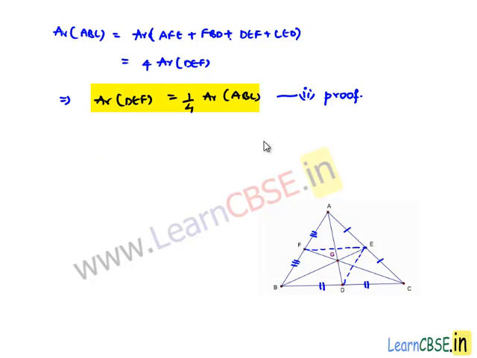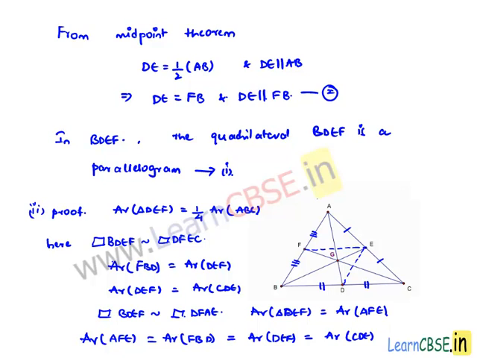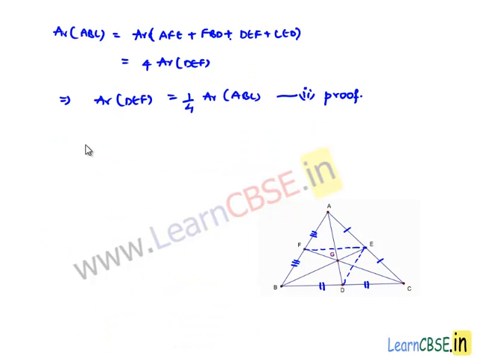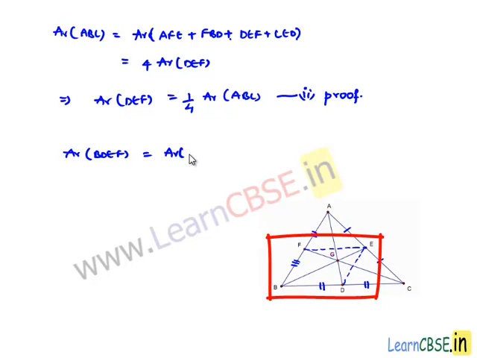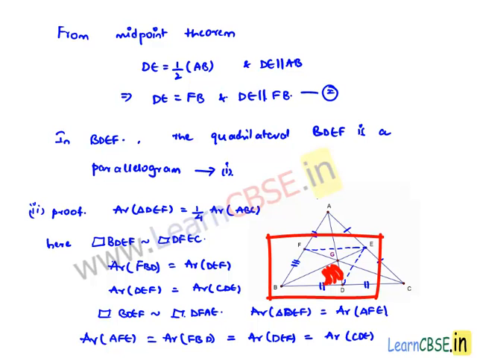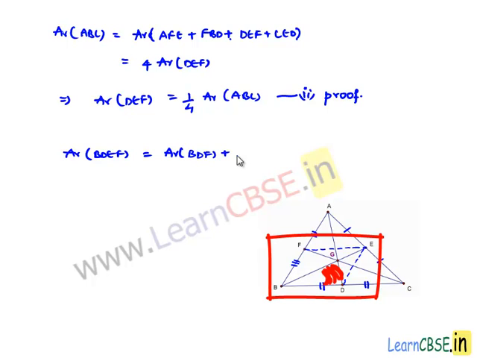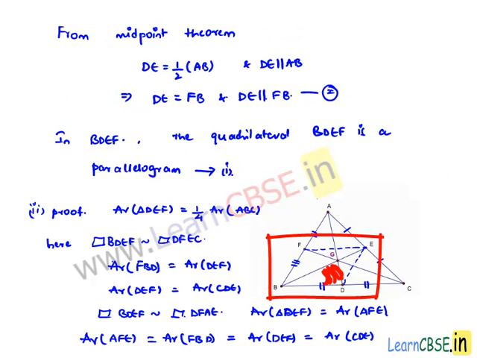And we are asked to find the area of parallelogram BDEF. The area of parallelogram BDEF is equal to the area of triangle BDF plus the area of triangle FDE.